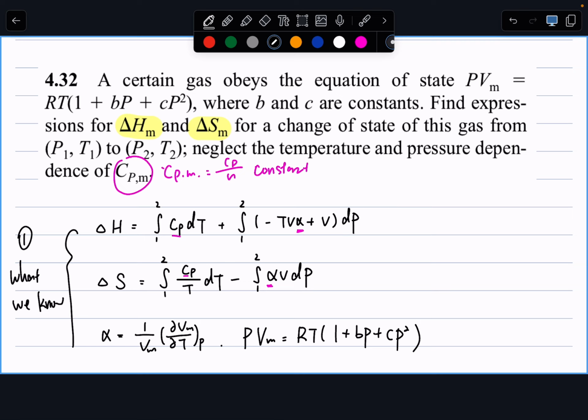And minus my alpha times V. Alpha is 1 over T, but my volume is this entire thing, so we end up getting nR(1 + BP + CP squared)/P dP. Right, because after all, we want to express my alpha and volume as some kind of function of pressure, so we can solve for that integral.